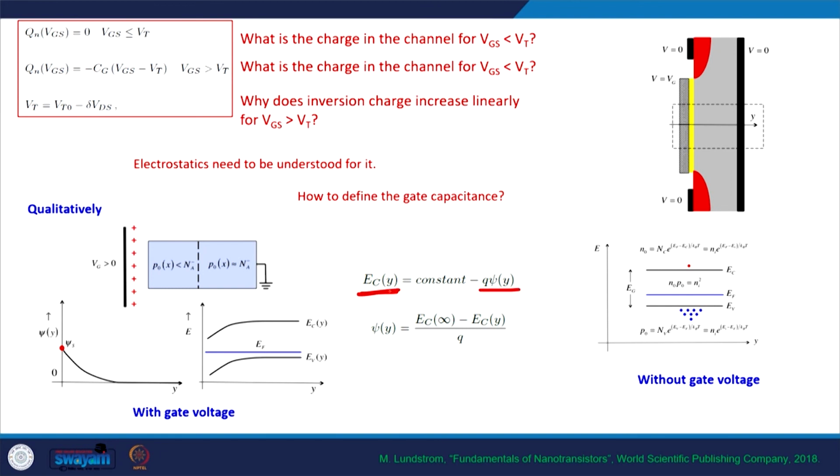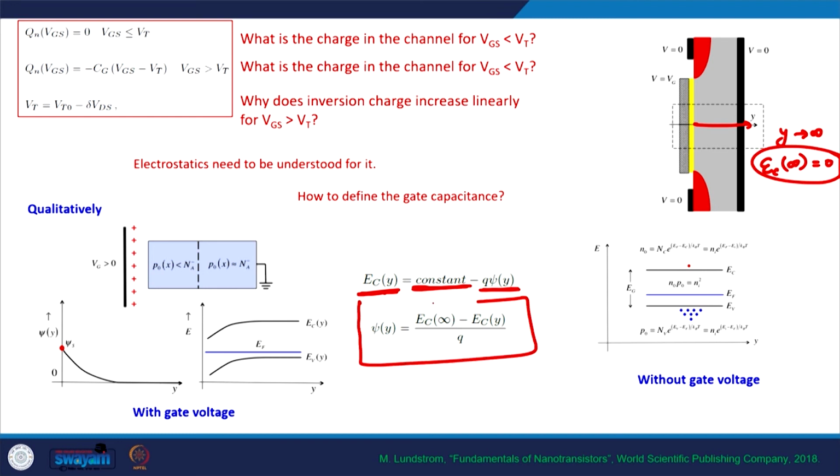Generally the band edge at any point is given as a reference value, because the potential energy is always calculated with respect to a reference value minus the potential at that point. This reference value is generally the potential energy deep inside the semiconductor, as y tends to infinity. So E_C(infinity) is assumed to be the reference potential energy, and the potential function depends on the potential energy in this way.